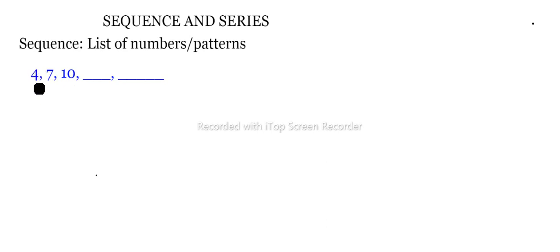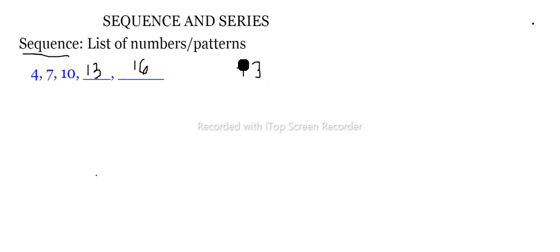You notice that for me to move from 4 to 7, it's like I added 3. 7 to 10, I added 3. So adding 3 to 10 will give me 13. Then adding 3 to 13, we have 16. So this is a pattern. So in a sequence, we have what we call a pattern. In this case, the pattern is formed by keeping adding 3.